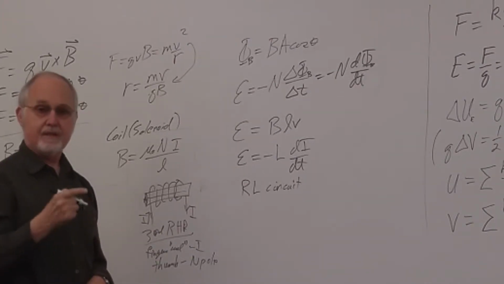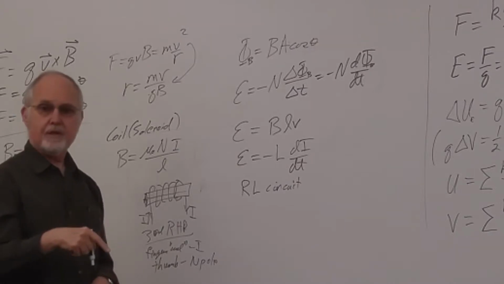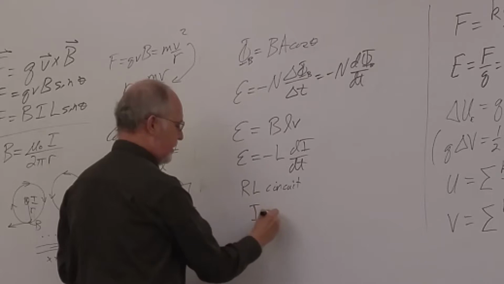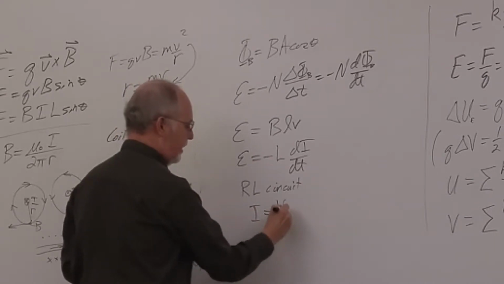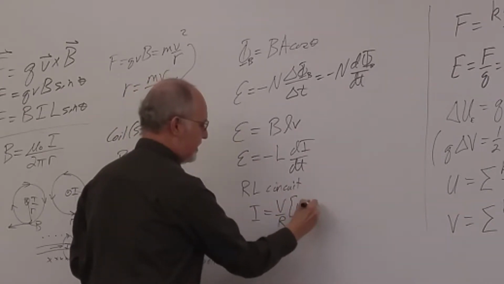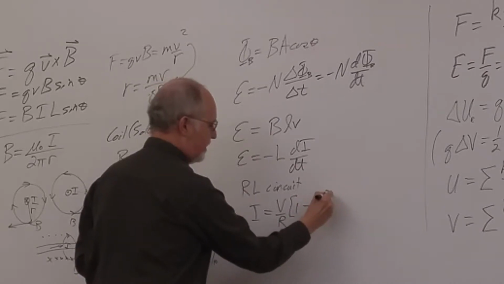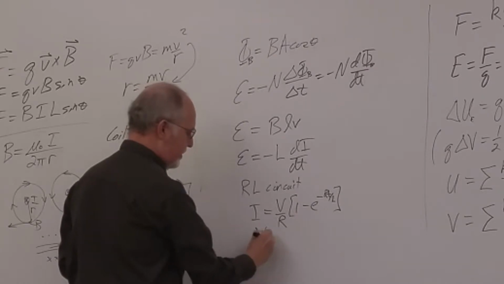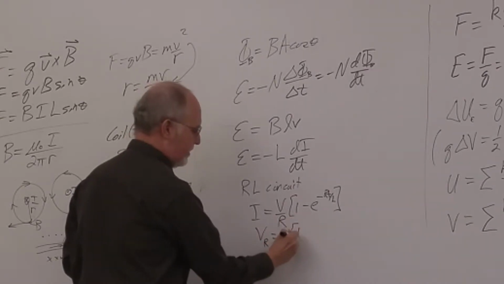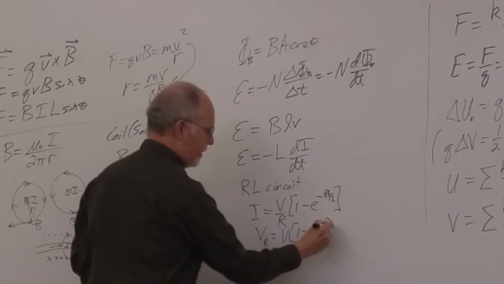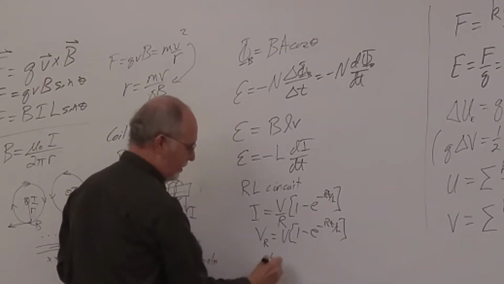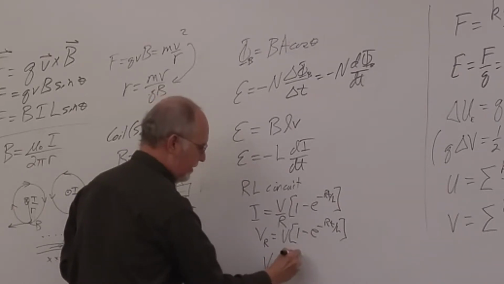You close the switch to connect them to the battery, and you get current as a function of time: V over R times 1 minus e to the negative R t divided by L. Voltage on the resistor would be the battery voltage times 1 minus e to the negative R t over L. And the voltage on the inductor, the coil, would be V times just e to the negative R t over L.